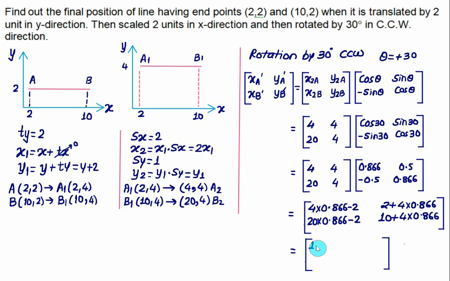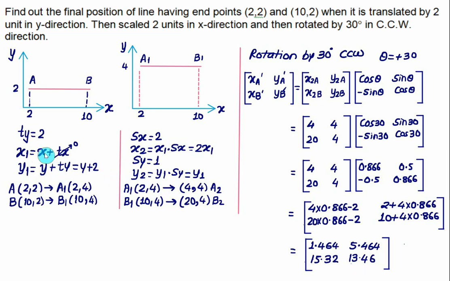That gives 1.464, and 2 plus 4 into 0.866 is 5.464. So these are the coordinates of point A. Then 20 into 0.866 minus 2 is 15.32, and 10 plus 4 into 0.866 is 13.46. So we have done the first translation.